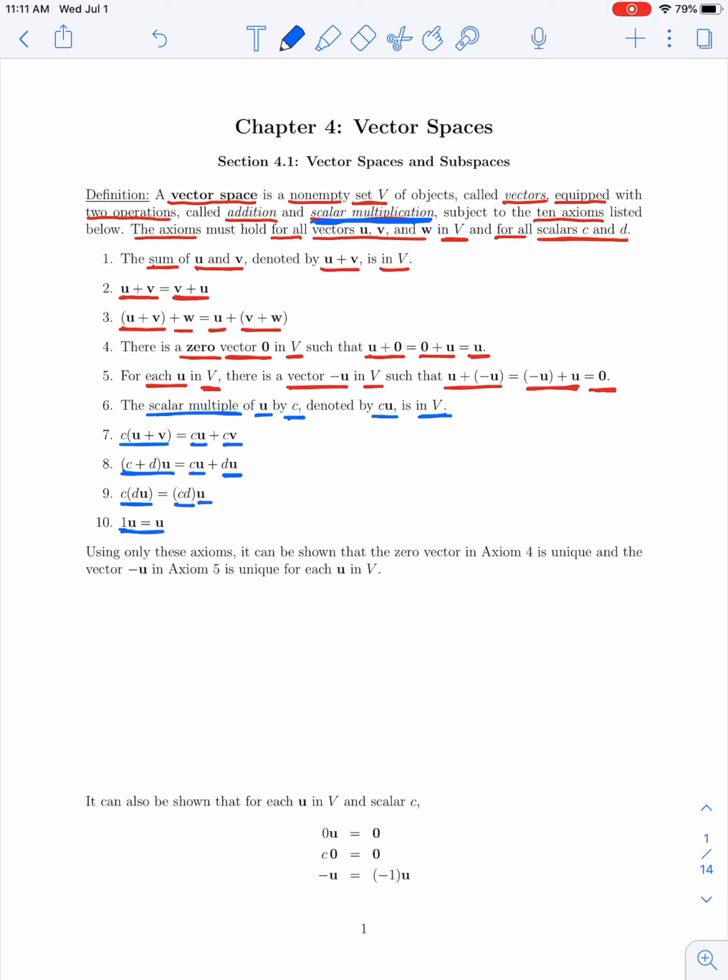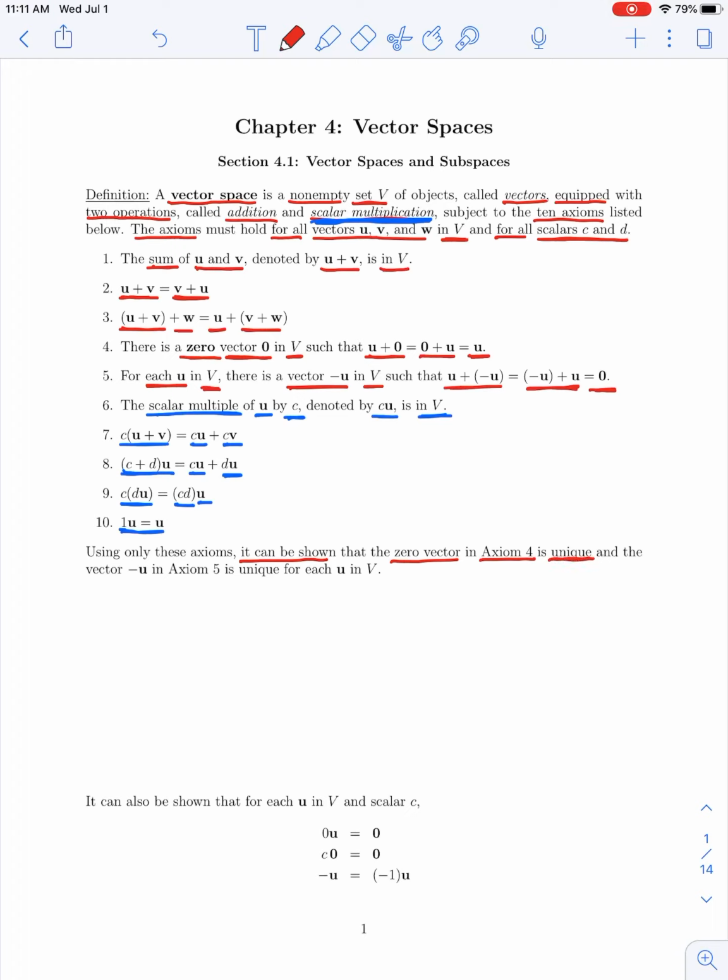Now, making use of these 10 axioms, we can establish that the zero vector and the negative of any vector are unique. So here, we can show that the zero vector, which is discussed in axiom 4 above, is unique.